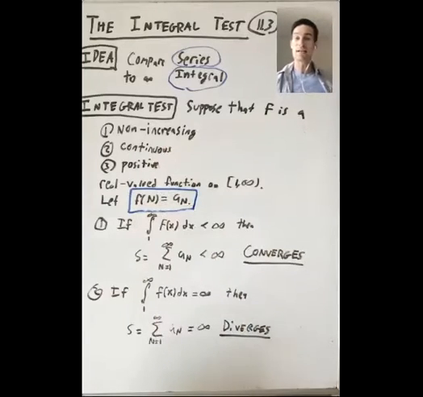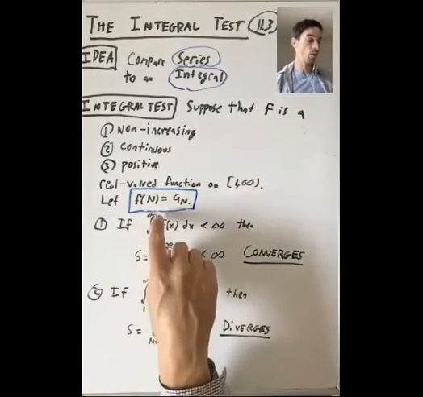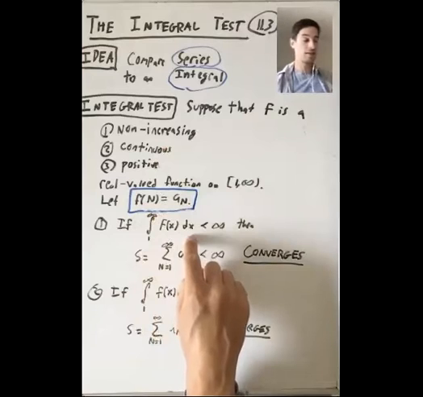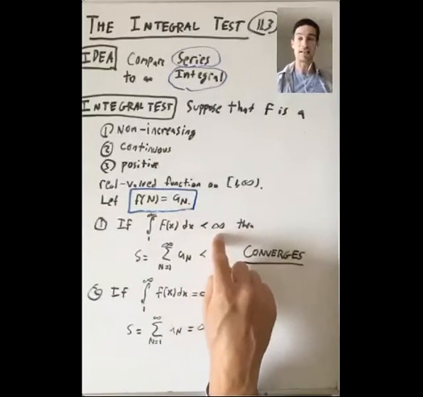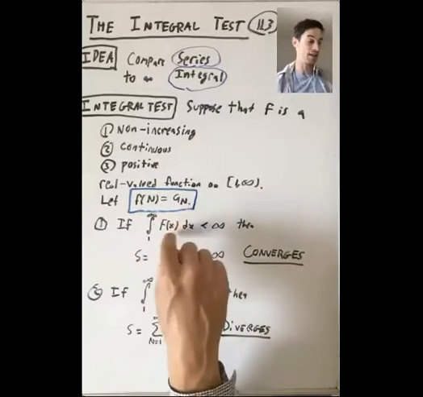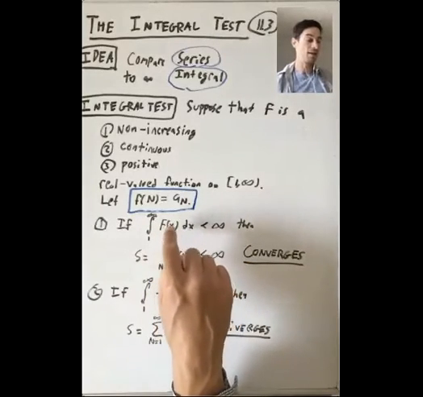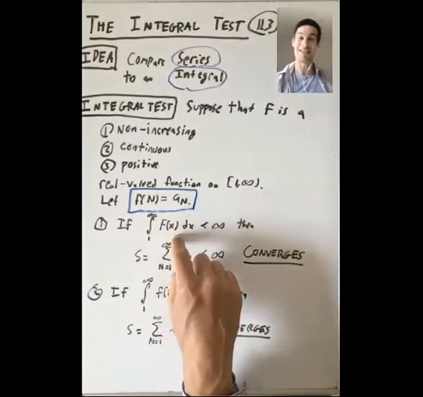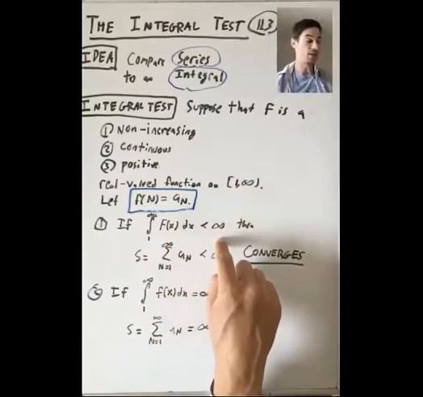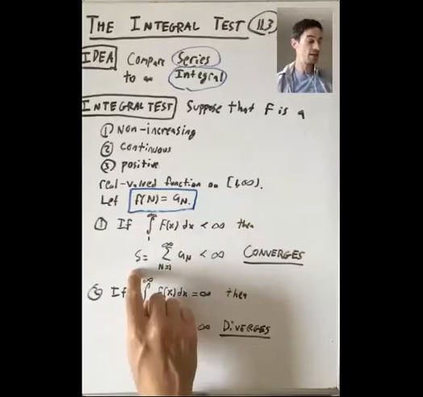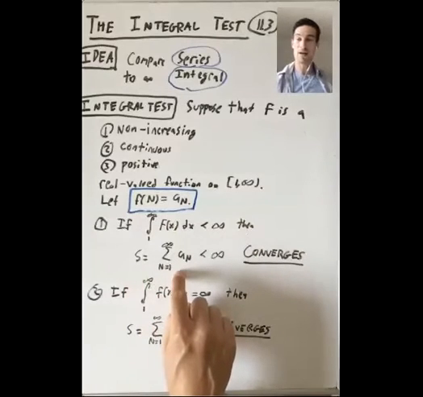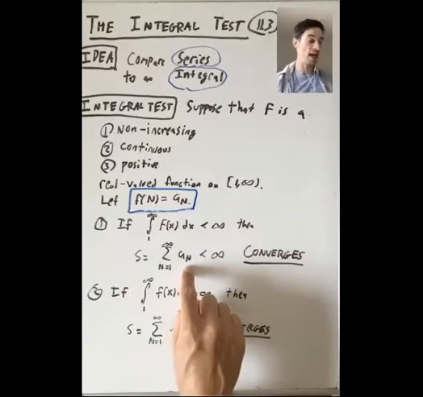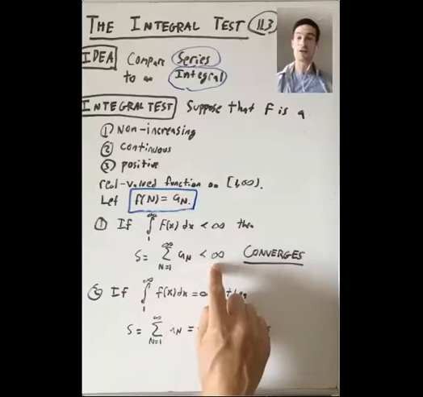What the integral test says is if this integral from 1 to infinity of f of x dx converges, if it's less than infinity, I'm using this as a shorthand for converges, this integral exists, the limit that defines this integral exists and is some finite number that's not plus infinity, then this series S, which is the sum from n equals 1 to infinity of a_n, also converges.